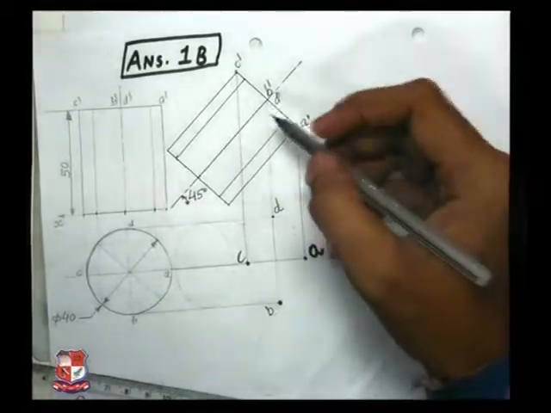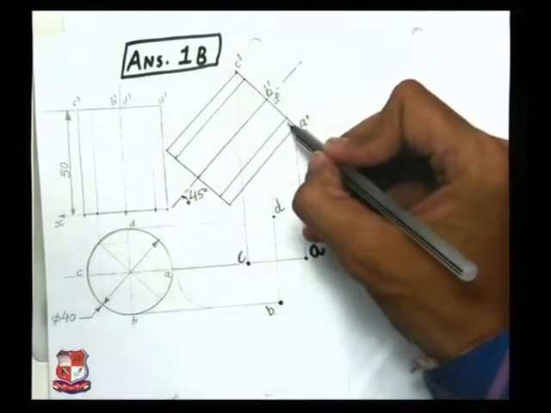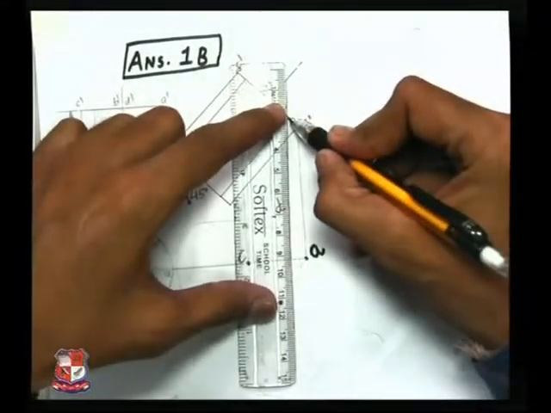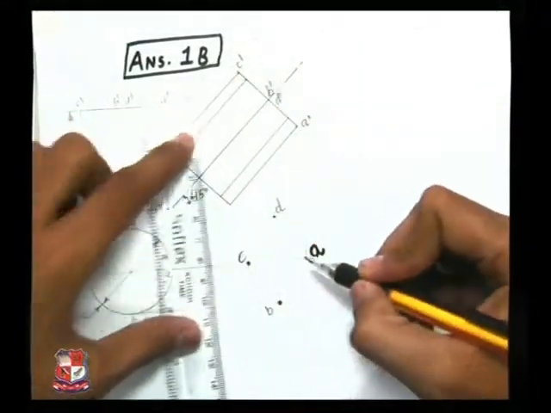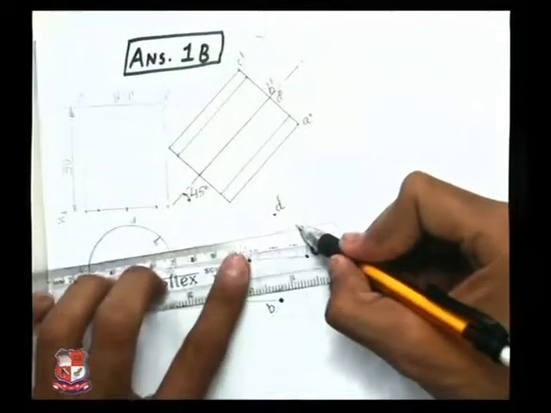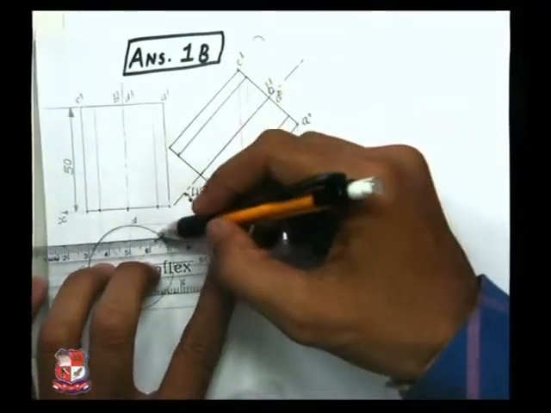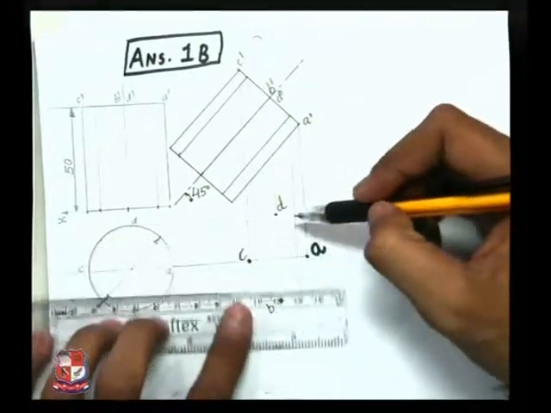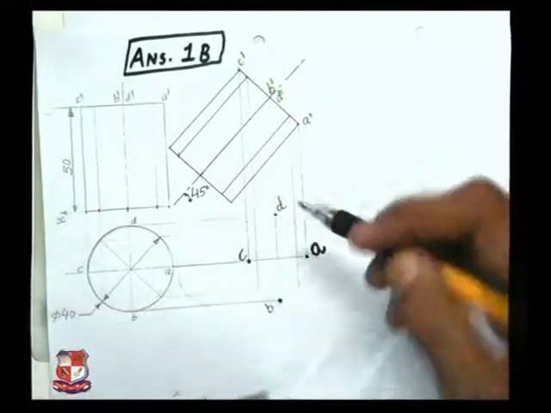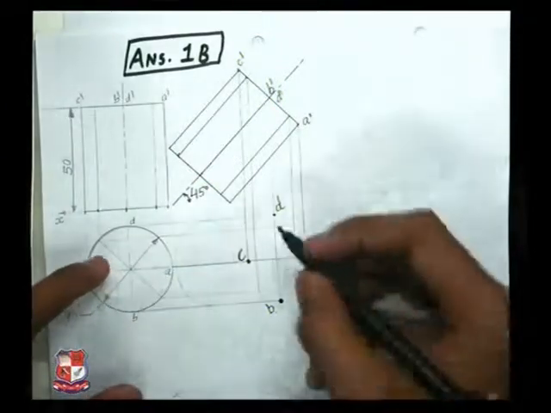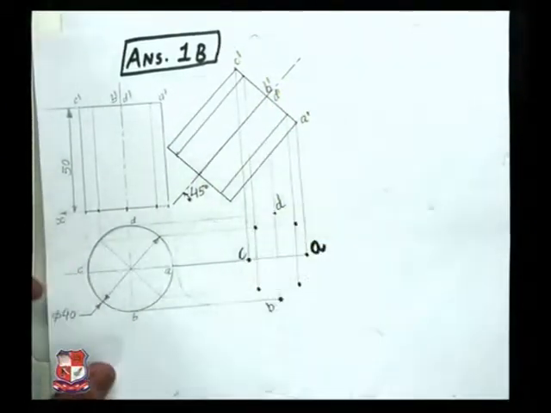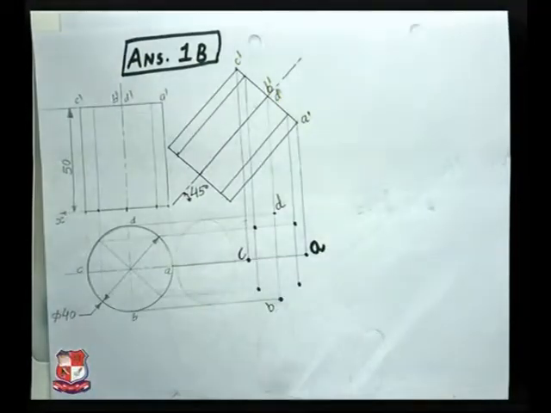Similarly, we can identify these intermediate points by drawing vertical lines from each point like this, and horizontal lines from the respective divisions drawn in the top view, and the points of intersection can be located like this. So the intermediate points are these 1, 2, 3 and 4. So another 4 points are there.